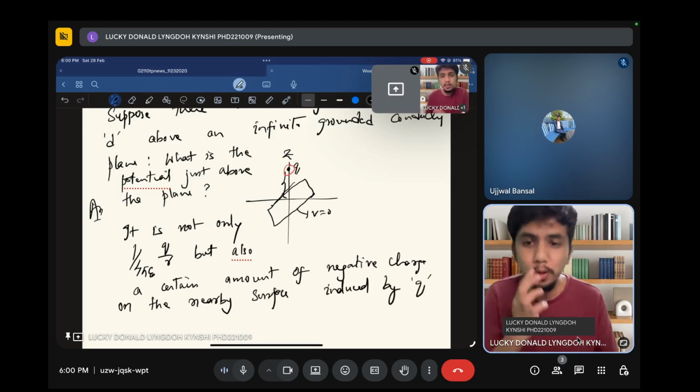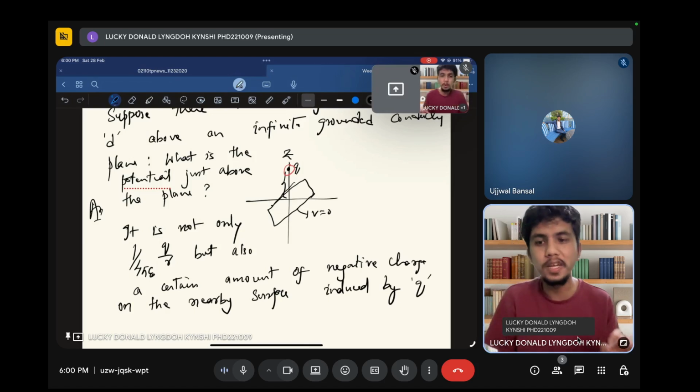So if you have to find the potential, you have to find the potential due to this plus q and also due to the induced charges on the surface.